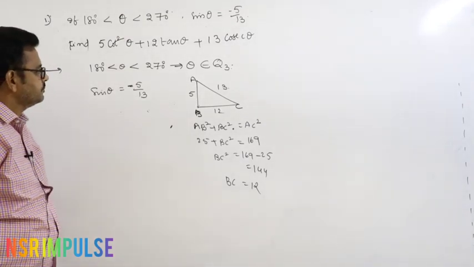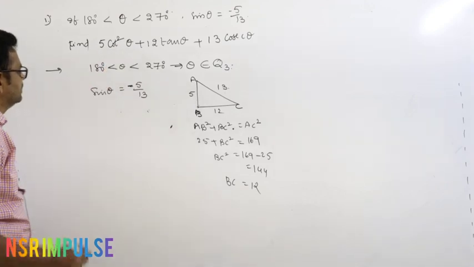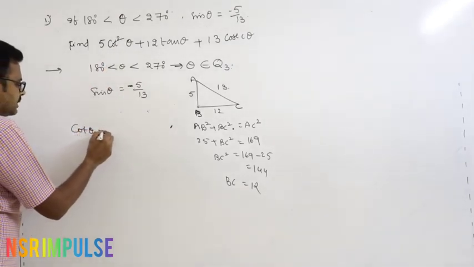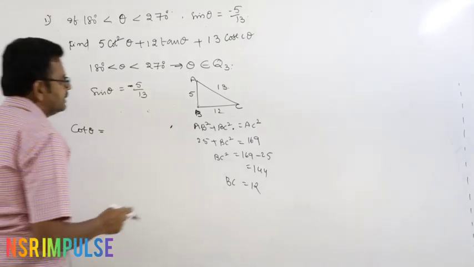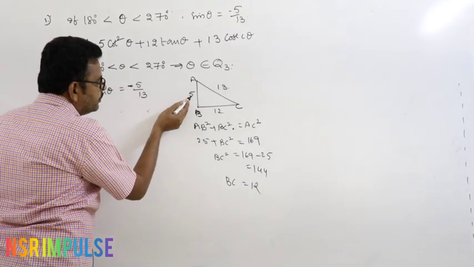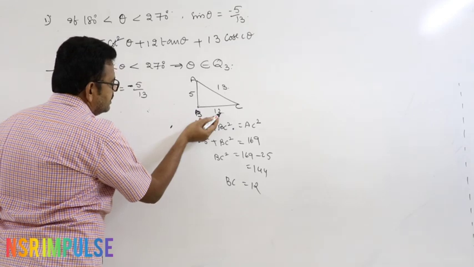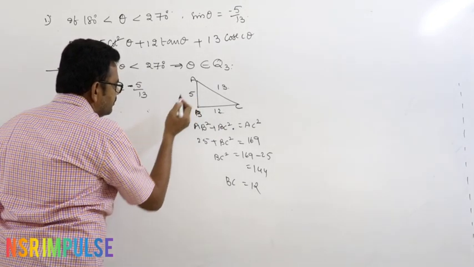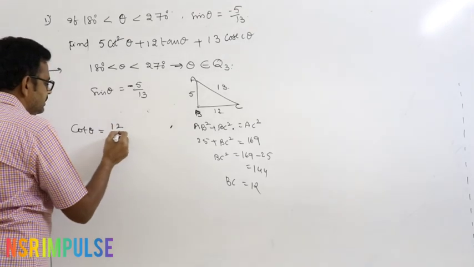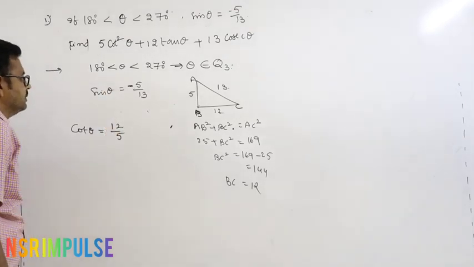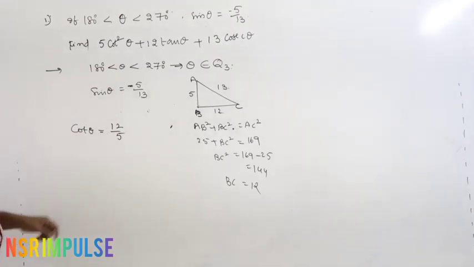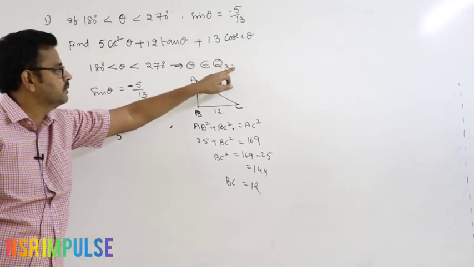Now what is cot theta equal to? Tan theta means opposite by adjacent side. Cot theta means adjacent side by opposite side. So this is 12 by 5. After that, check whether it is negative or positive. Theta lies in the third quadrant.